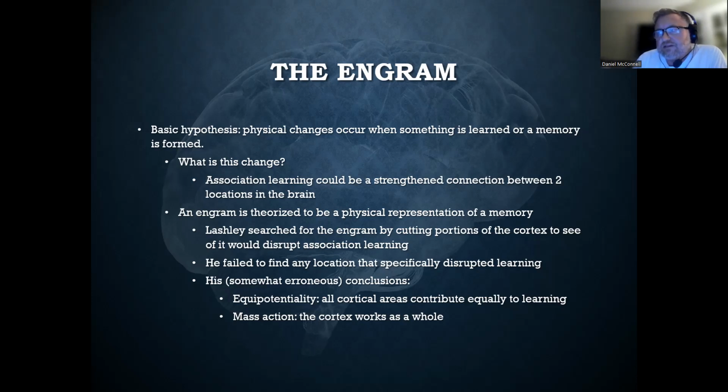And now he has these two new ideas here. And I'm noting here that they are erroneous, but only somewhat erroneous. So if we learned previously, one of Lashley's key errors was that, as it turns out, the appropriate cut that needs to be made is in the midbrain of the rat, and he was focusing on the cortex.